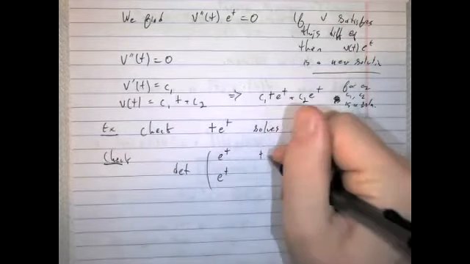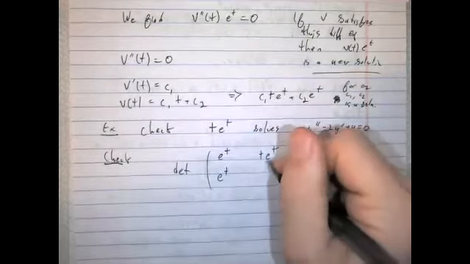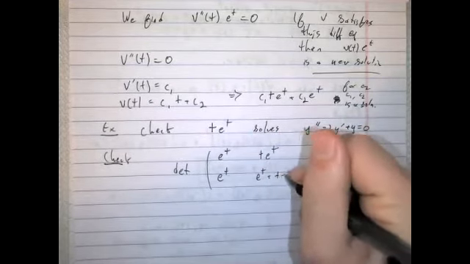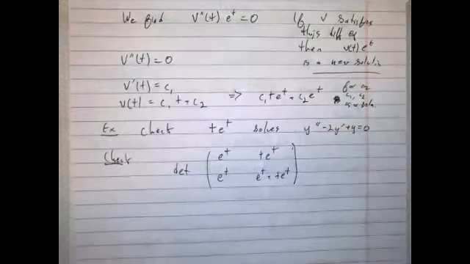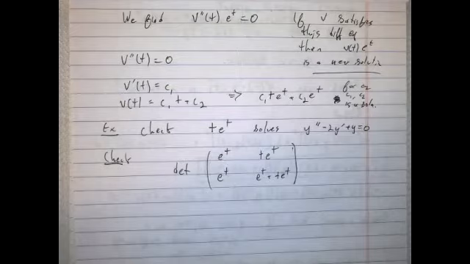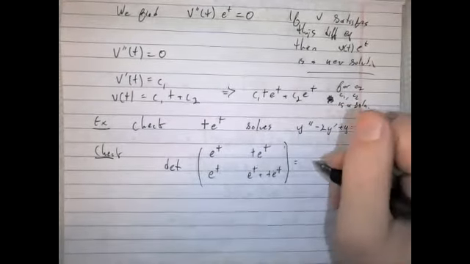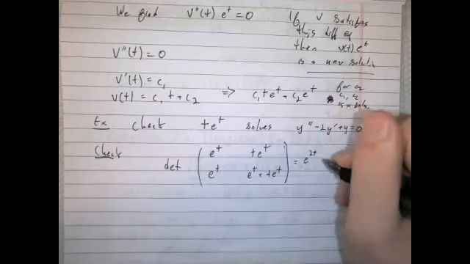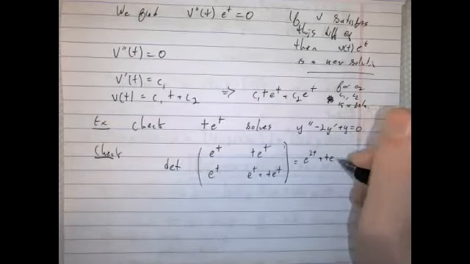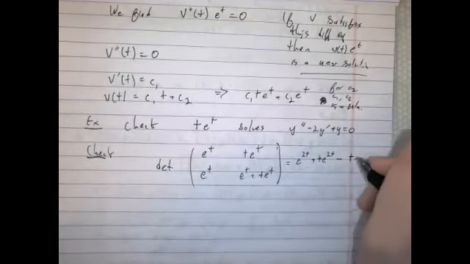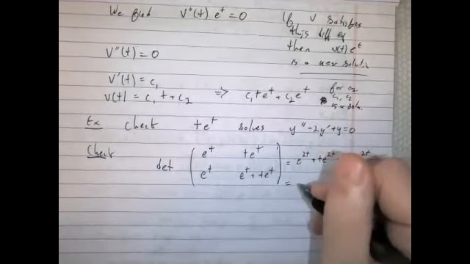And up here I've got t e to the t, and I take the derivative of this and I get e to the t plus t e to the t. Did I take the derivative right there? Yeah, I did. And this determinant is equal to e to the 2t plus t e to the 2t minus t e to the 2t, which is equal to e to the 2t.